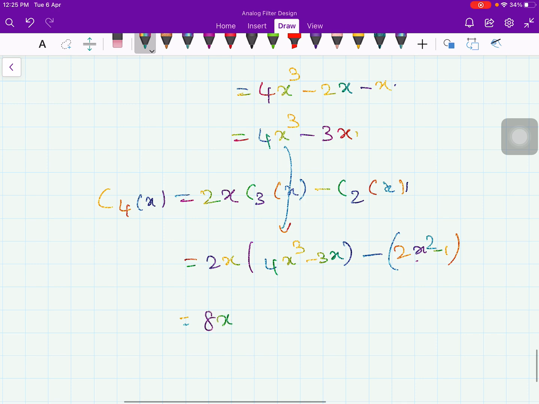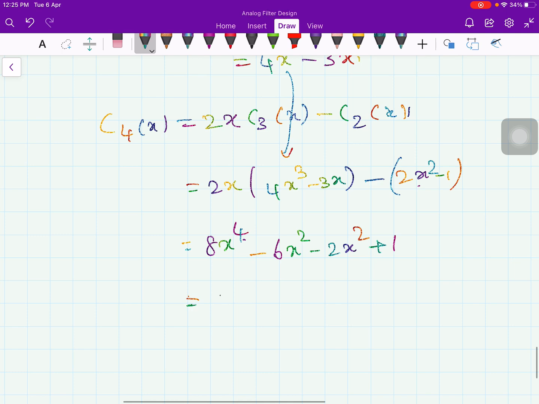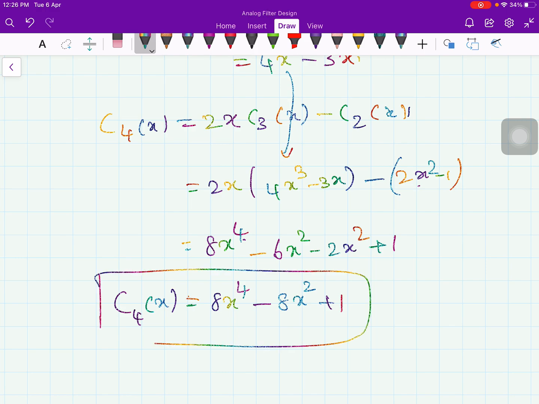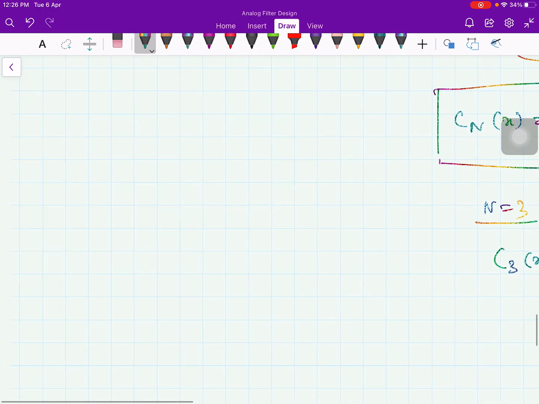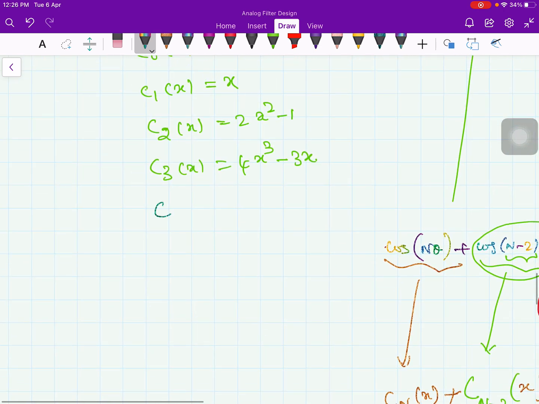So this is 8x to the 4 minus 2x, 3x, it is 6x squared, minus 2x squared plus 1. So this is 8x to the 4 minus 8x squared plus 1. This is C4 of x. Therefore C4 of x is equal to 8x to the 4 minus 8x squared plus 1.